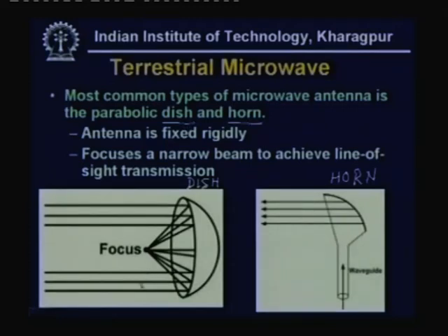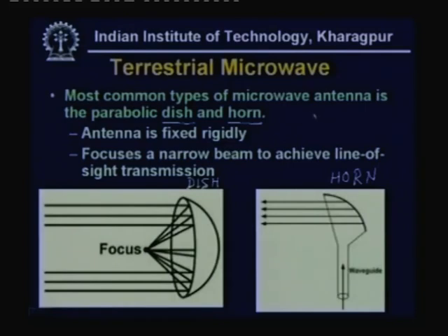Here you can see the dish type of antenna receives the parallel signals and focuses them at a particular point, where some sensor is kept, and then the signal is taken to the amplifier for amplification and other processing. Both these antennas are fixed rigidly because it has to be point to point communication.